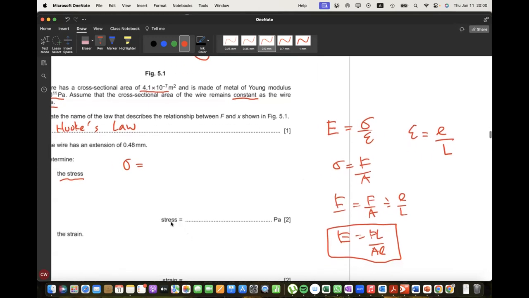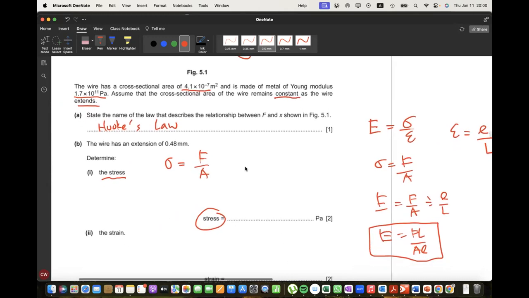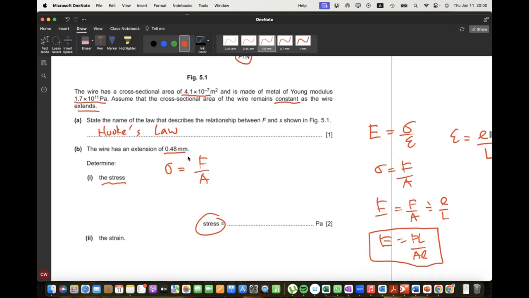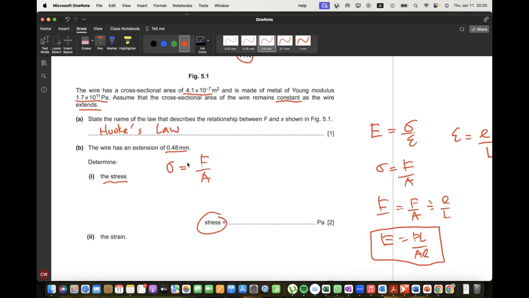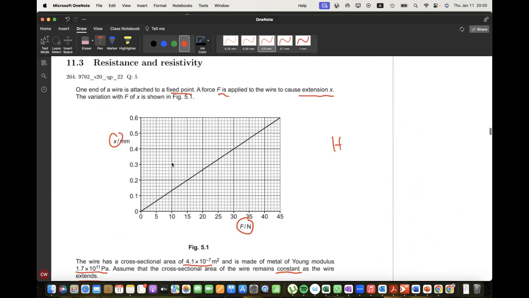We come here again. Stress is force over area. It has this extension. What is the force? Can we look for the force? 0.48. Can you find the corresponding force from 0.48?